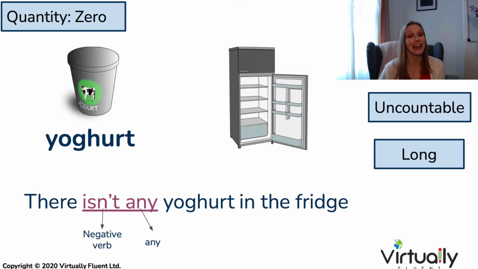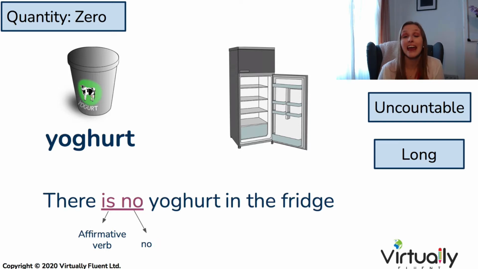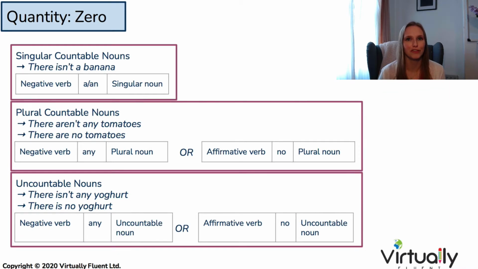For example, there isn't any yogurt in the fridge, or there is no yogurt in the fridge. So far we've learned this information here. Singular countable nouns are a or an with a negative verb. Plural countable nouns have two options, either no plus an affirmative verb or any plus a negative verb, and uncountable nouns are exactly the same.